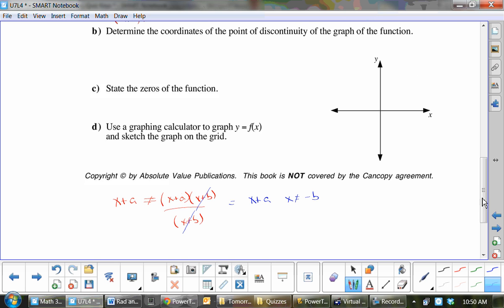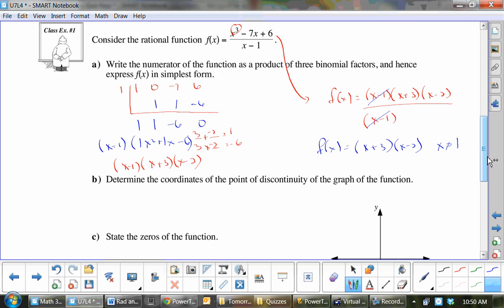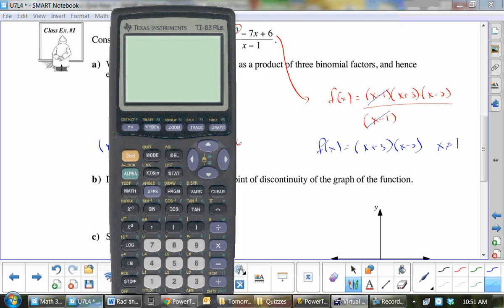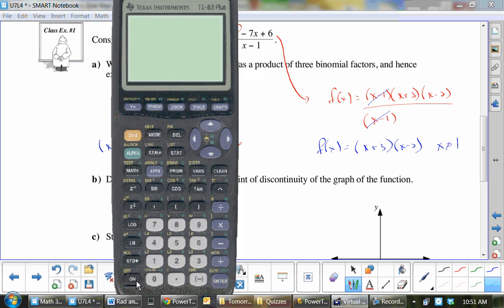Now, what I want us to do is put this original equation into our calculators, okay? And I want everybody to do it. Not your worked out question, because maybe we did it wrong.